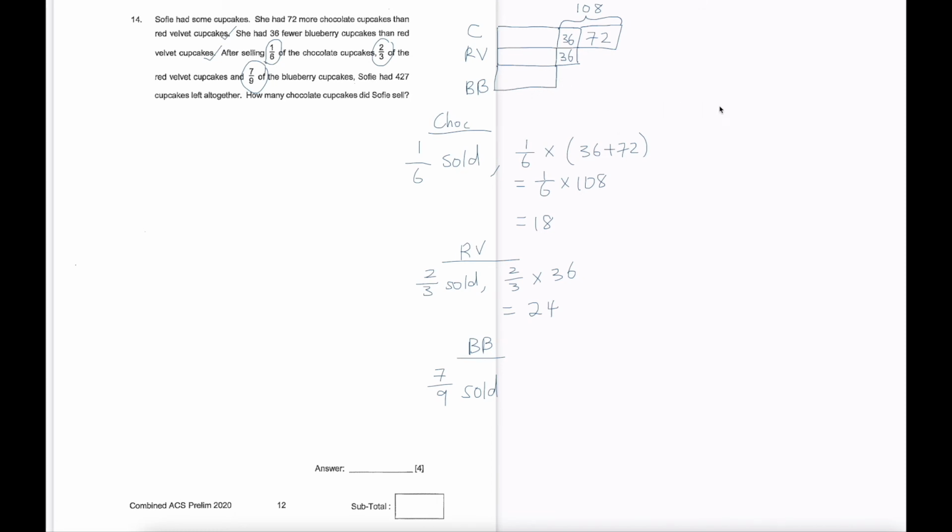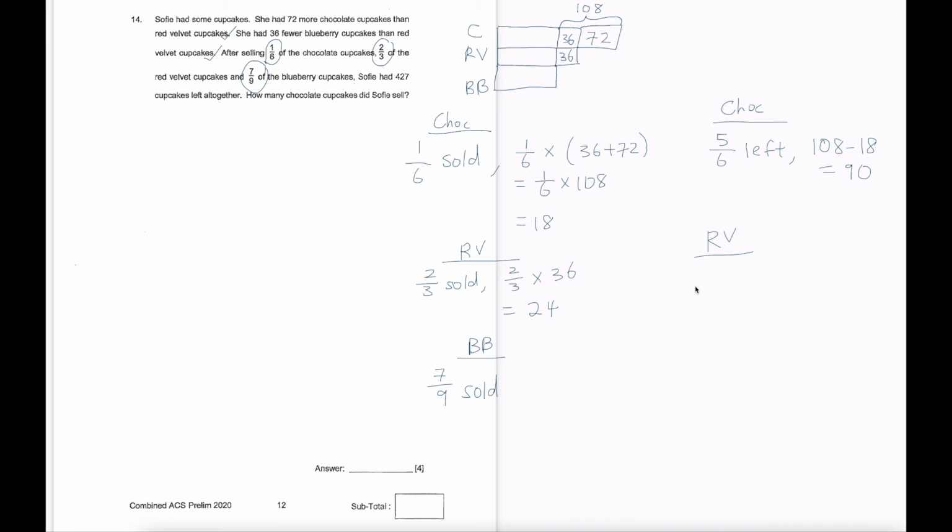So now let's find out how much is left. Okay, so same thing, chocolate. I sold 1/6, correct? That means I have 5/6 left. And in terms of value, it is 108 minus 18, which is 90. Okay, let's do it for red velvet.